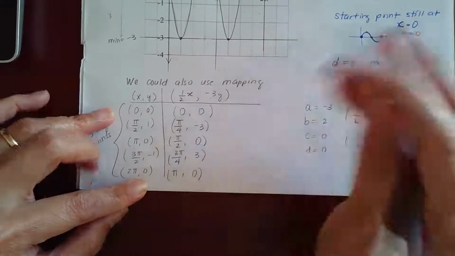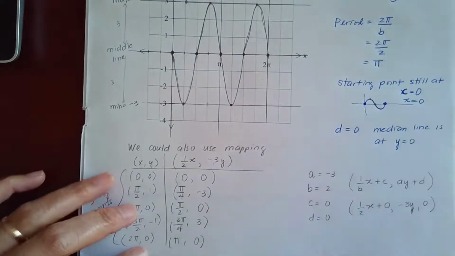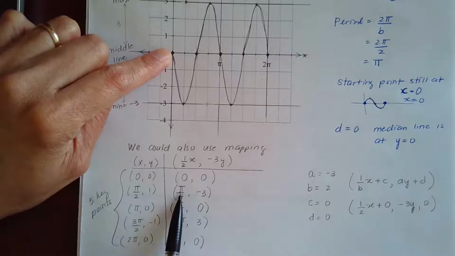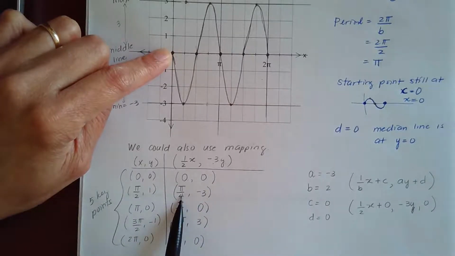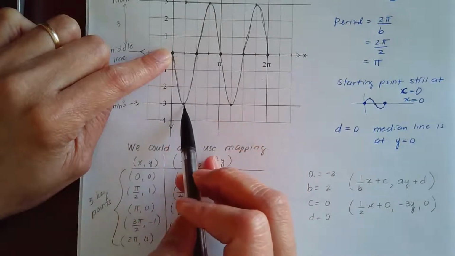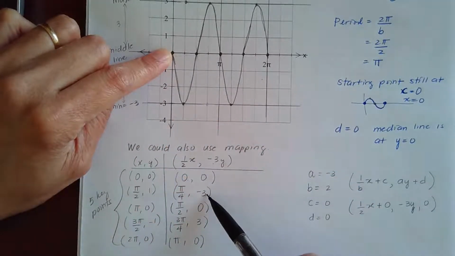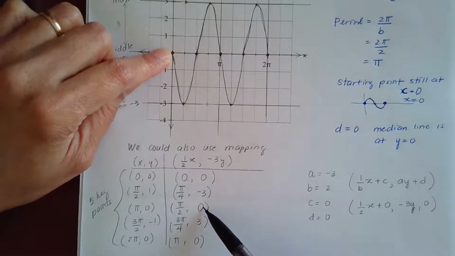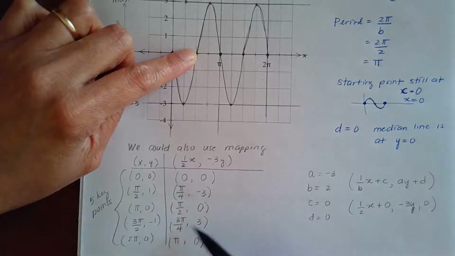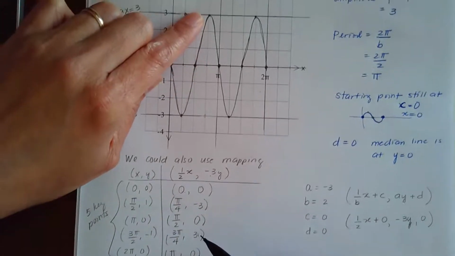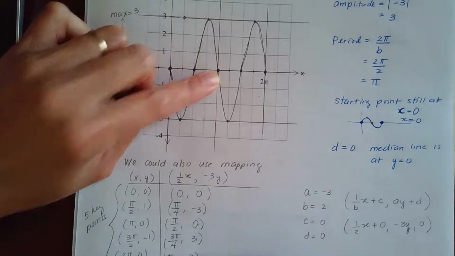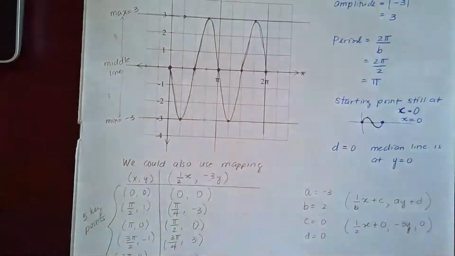If you go here, we're going to get 0, 0. Pi over 4, if this is pi in 4 equal parts, is negative 3. Pi over 2 is 0. 3 pi over 4 is going to be at 3. And then pi is 0. And then you just keep going and do it.